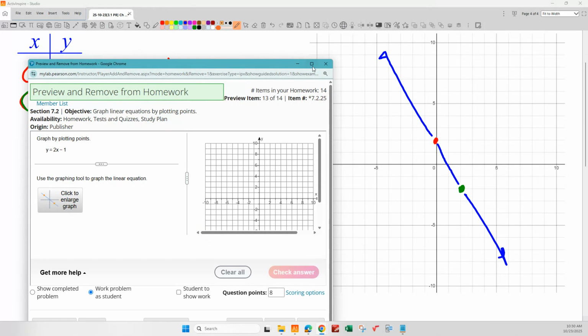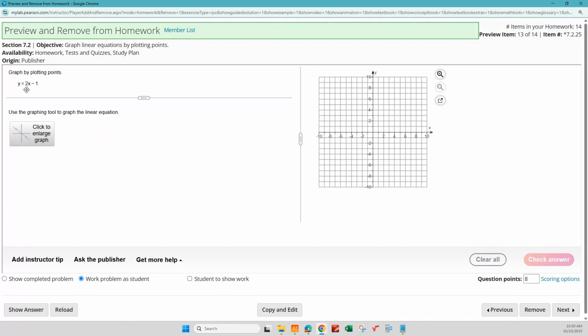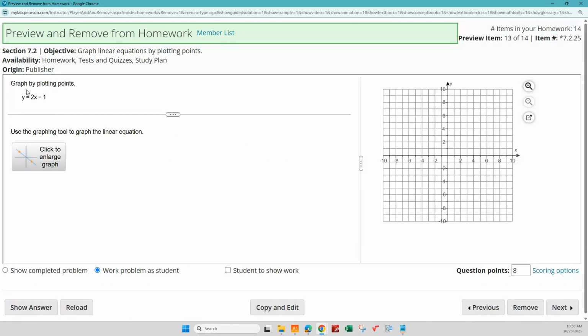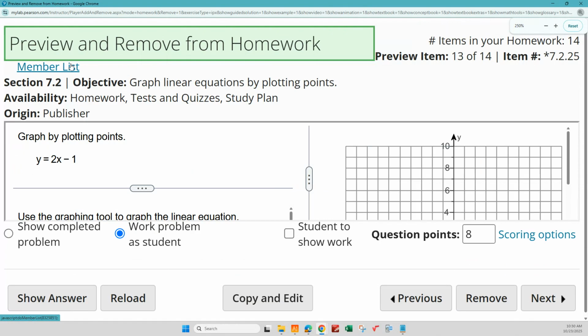Okay, so here's an example of a line, an equation. We want to plot this. So all I'm going to do is make a t-table, right? Just going to make a t-table.